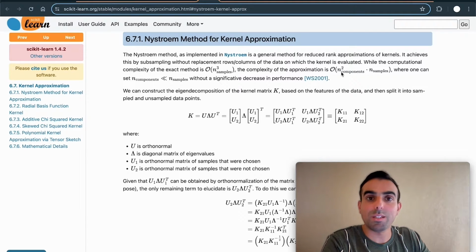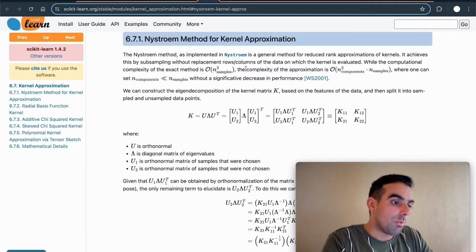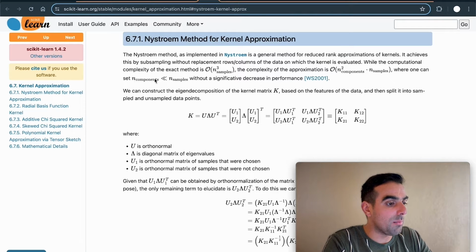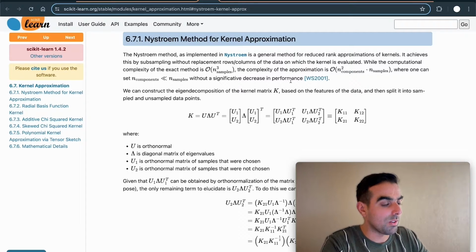So m is the number of representatives, number of centroids, number of sampled points. It's a subset of points, much smaller than n. So we are going down from O(n cubed) all the way to O(m squared times n), where m is much smaller than n, without significant decrease in performance.